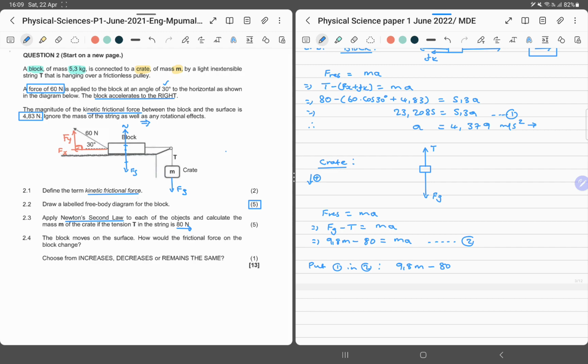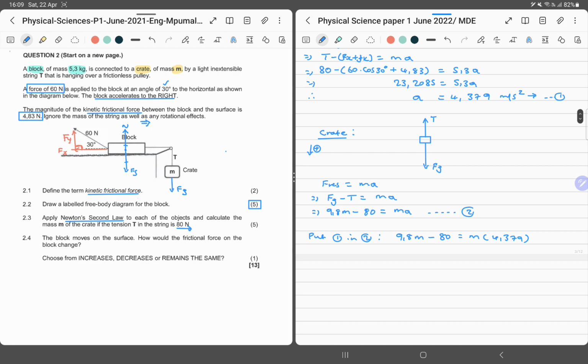And then we substitute here. We don't need equation 1 anymore. Okay guys, let's move on. So 9,8m minus 80 equals m into, now we're going to put this 4,379.